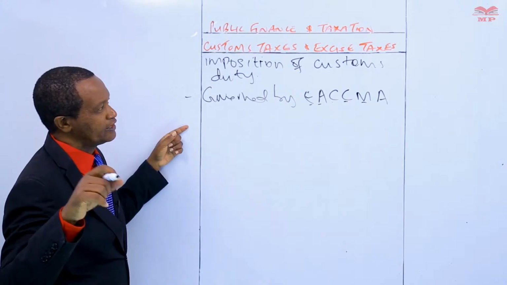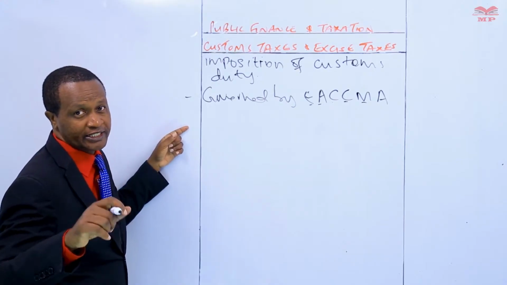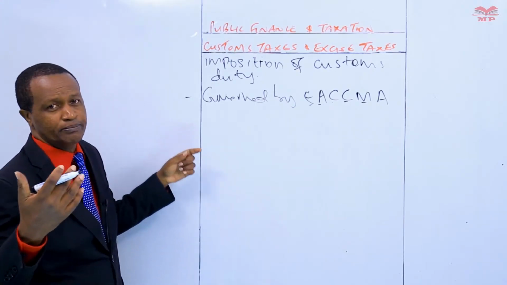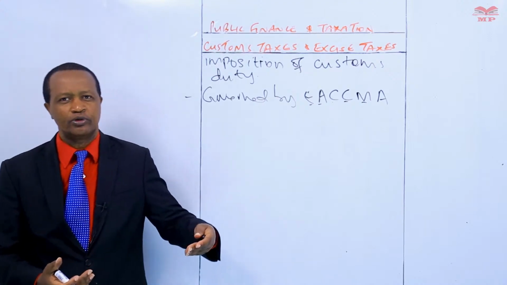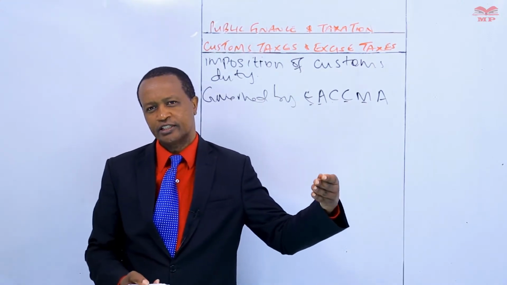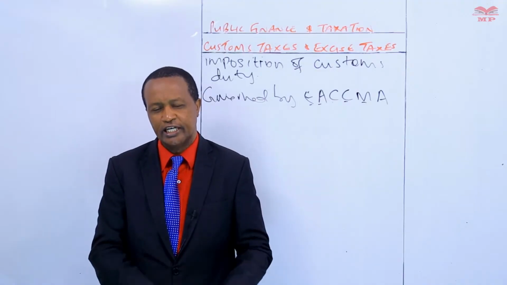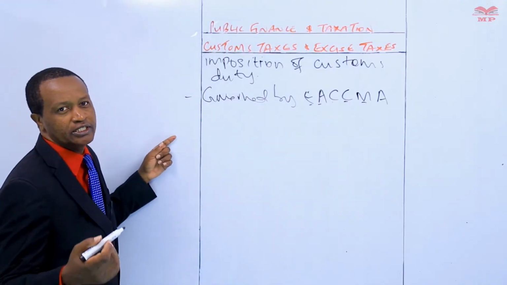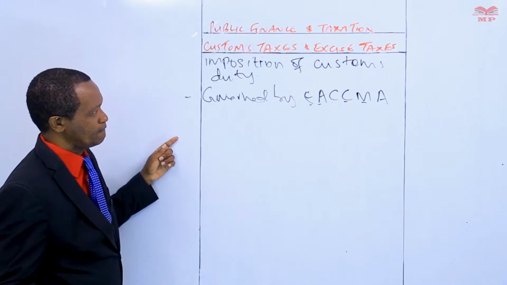The Kenya Revenue Authority, specifically its Customs and Border Control Department, is the principal body responsible for the enforcement and collection of customs duties in the country.